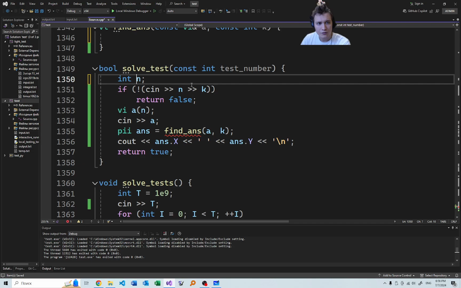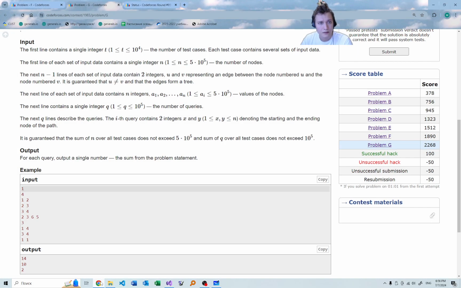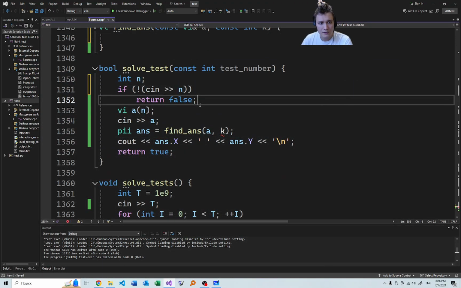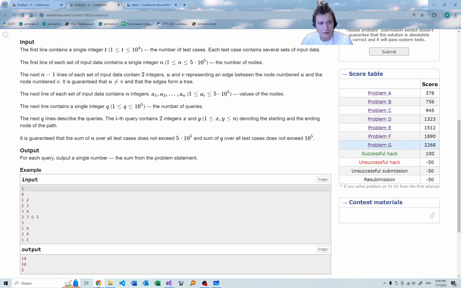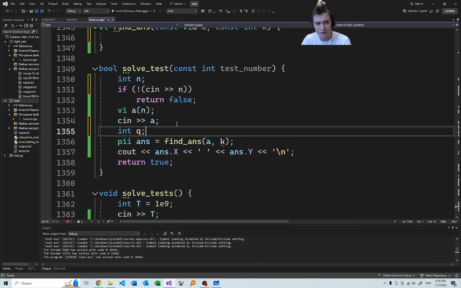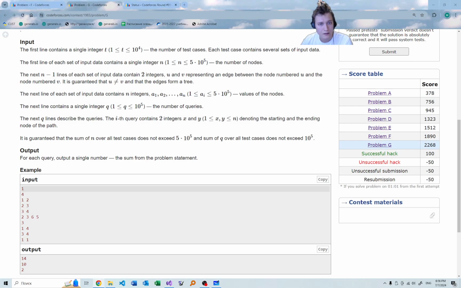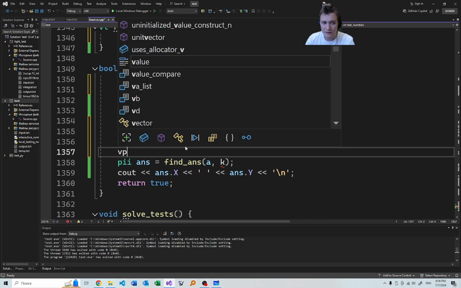So the number of nodes, then the values, then the number of queries, then the queries themselves.